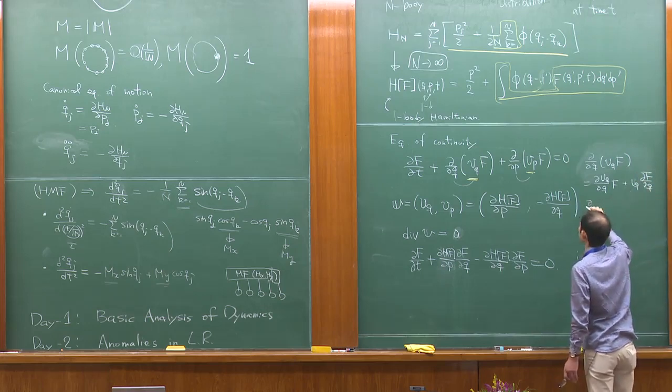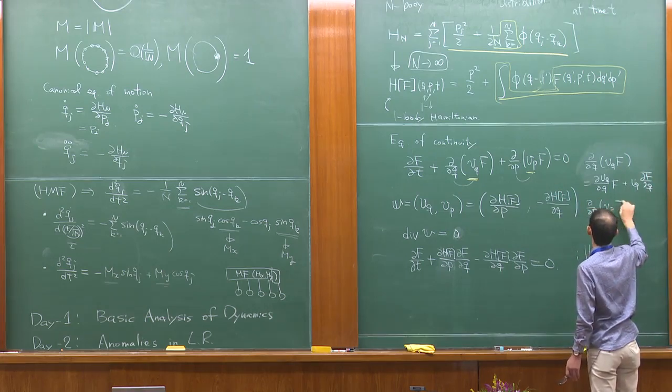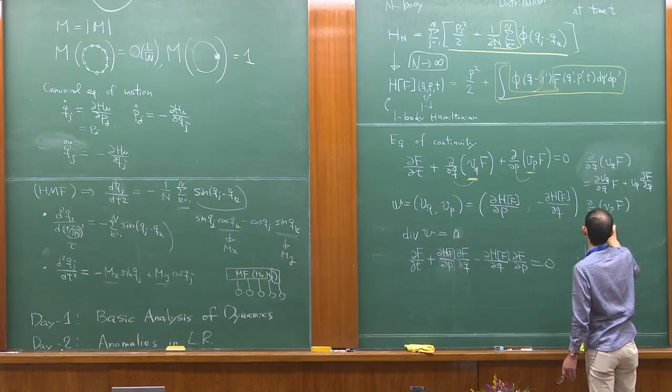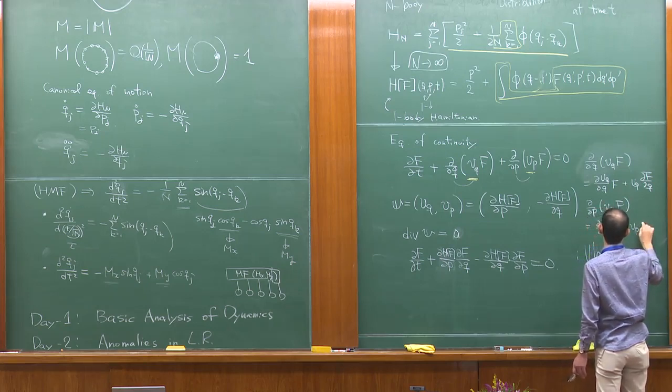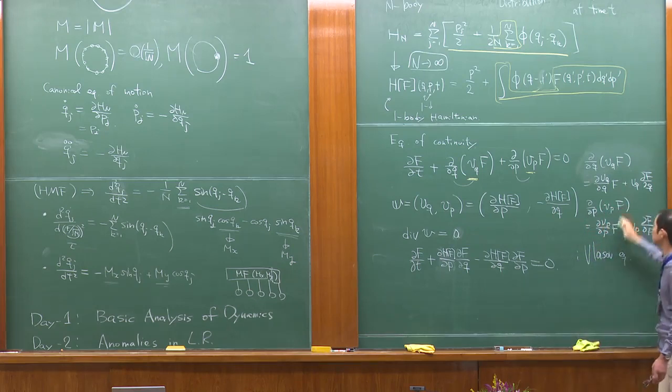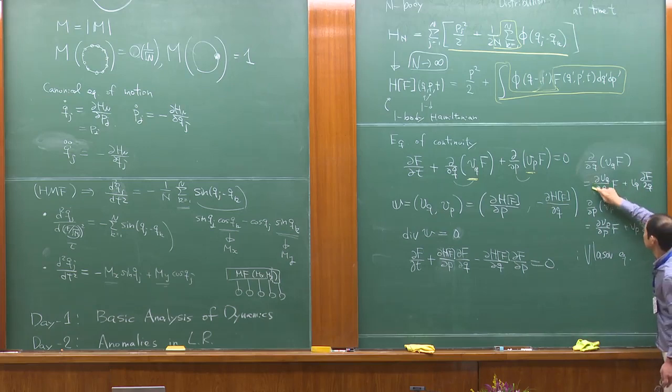And the other term is df dp. So the summation of these two terms has this part and this part. So this is divergence. So if divergence is 0, then we can eliminate this one and this one.